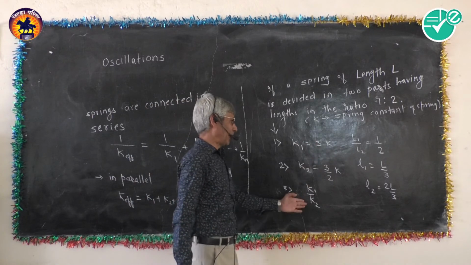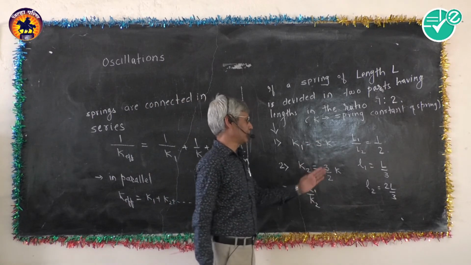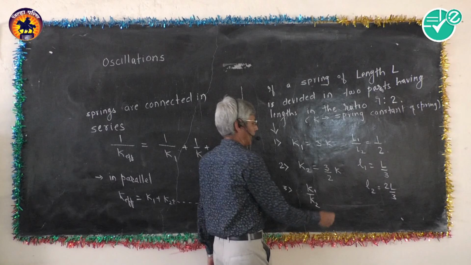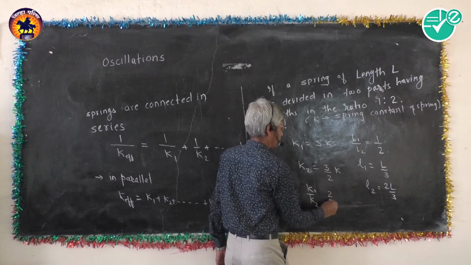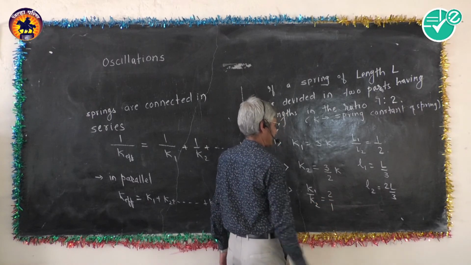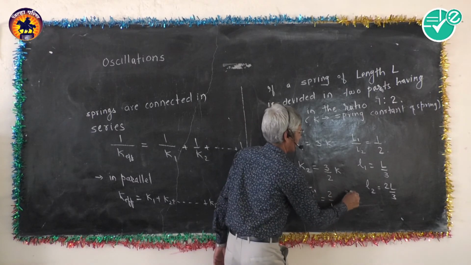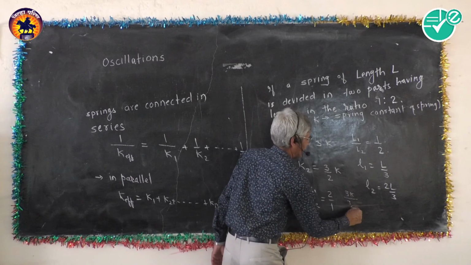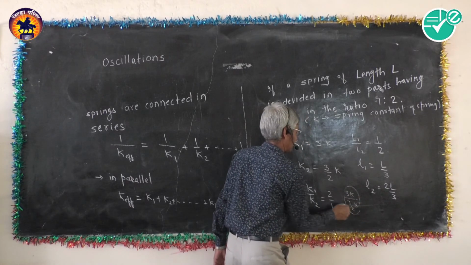It will be equal to 3K divided by 3 by 2 K. So it becomes 2:1.